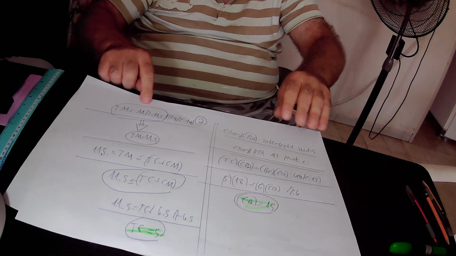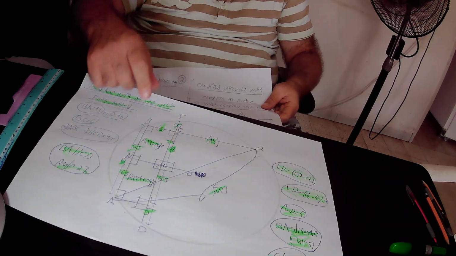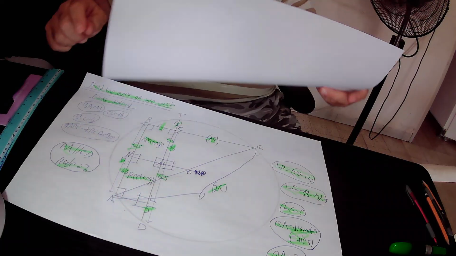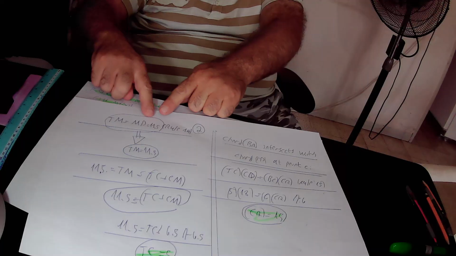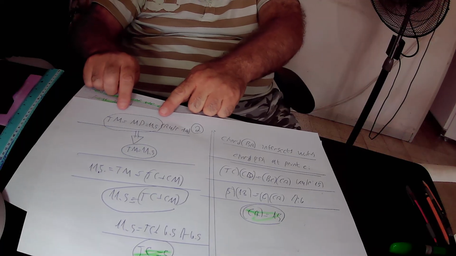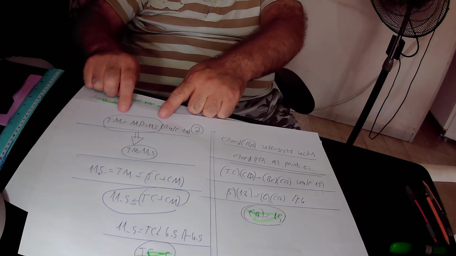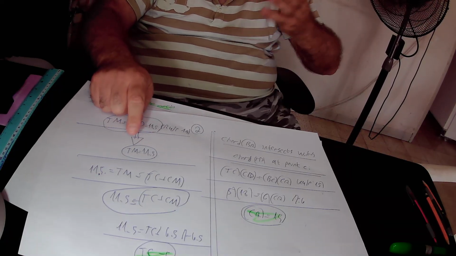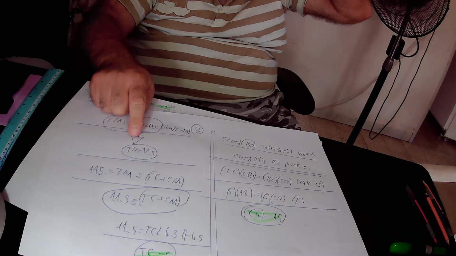MD in total equals 6.5 plus 5, that is 11.5. So we can write that MD equals 11.5, and from this equation TM equals MD equals 11.5.